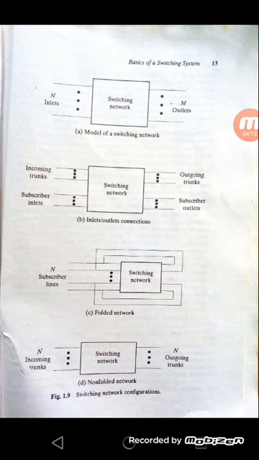In that situation, it forms some links called trunks. Trunks form three or more loops and create a path from subscriber inlets to subscriber outlets.